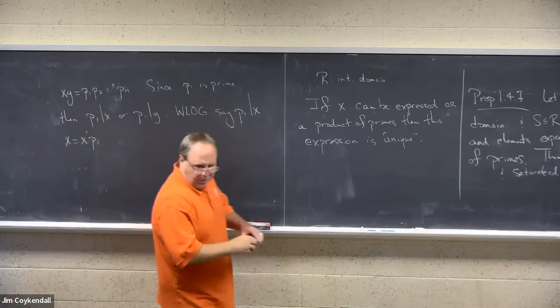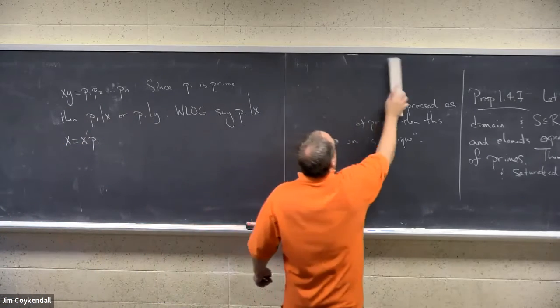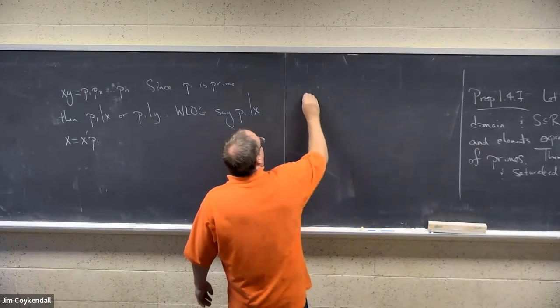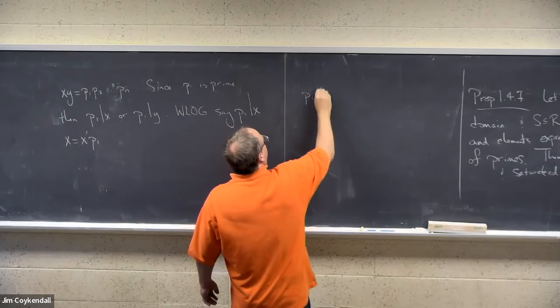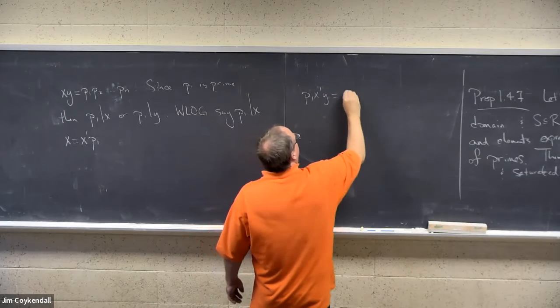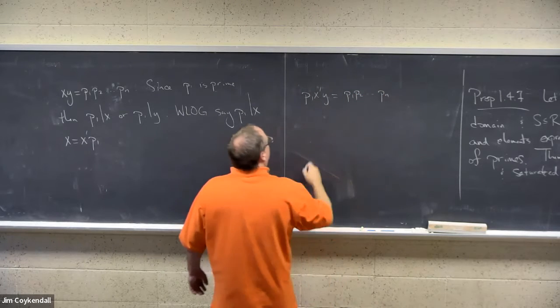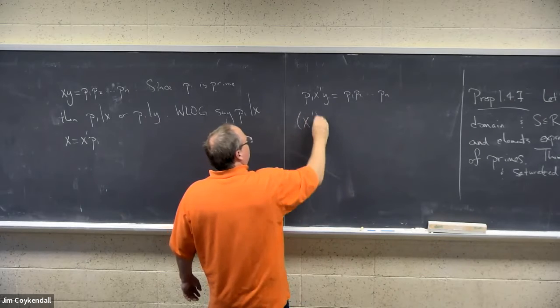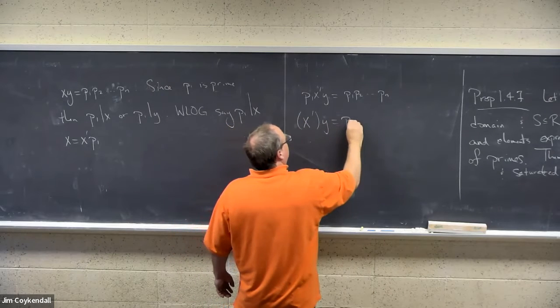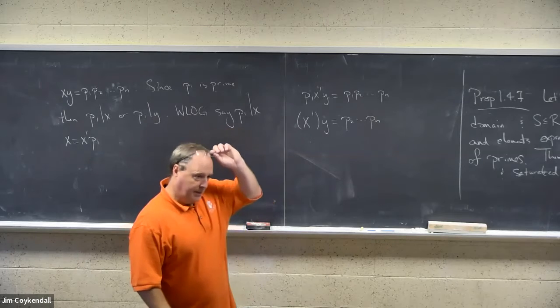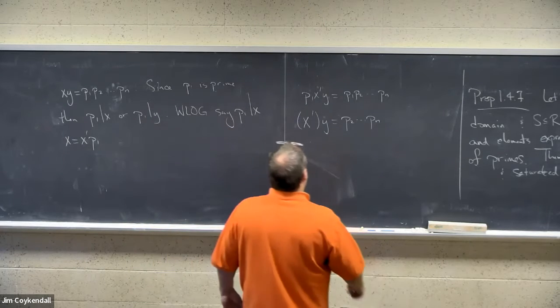Now let's massage the equation a little bit. What we get is P1 X prime Y is P1 P2 through Pn. And so I get X prime Y equals P2 through Pn. And now proceed by induction.